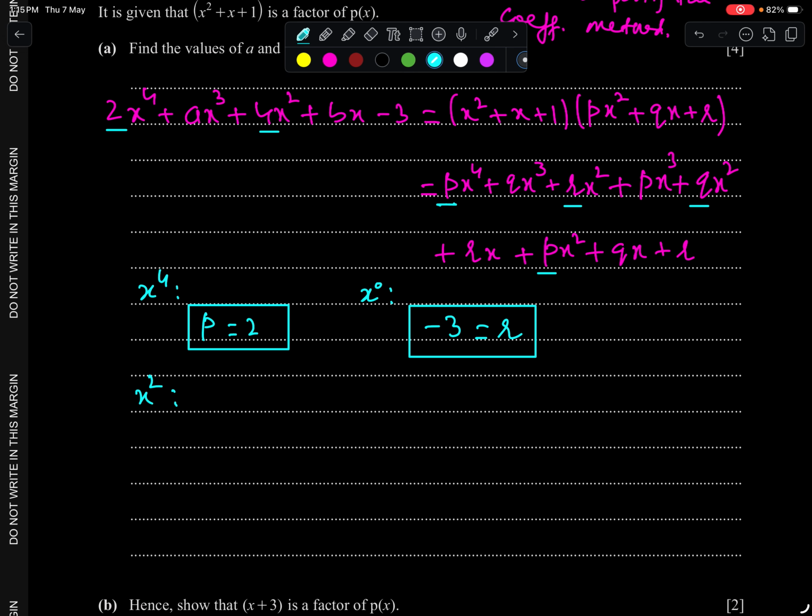So 4 is equal to r plus q plus p, and we have r and p, so minus 3 plus q plus 2. So we have got q. Therefore q is 5.